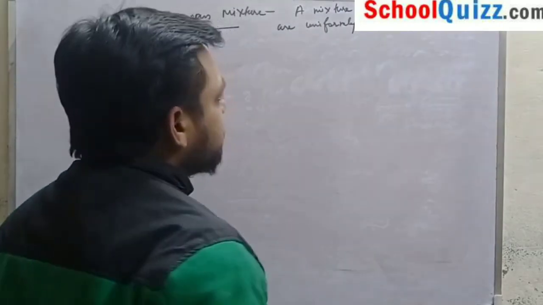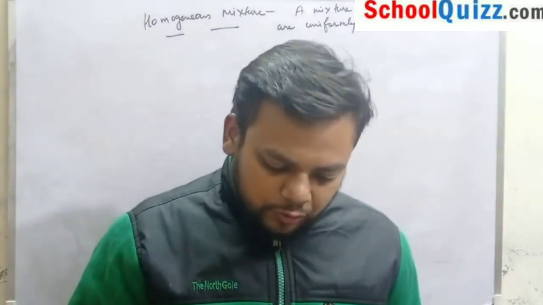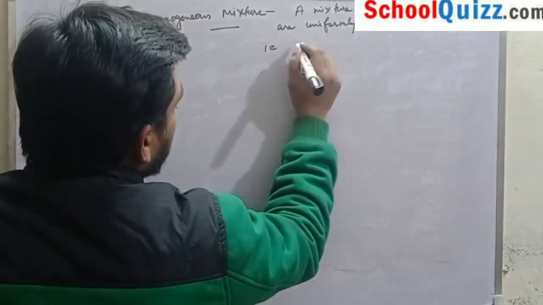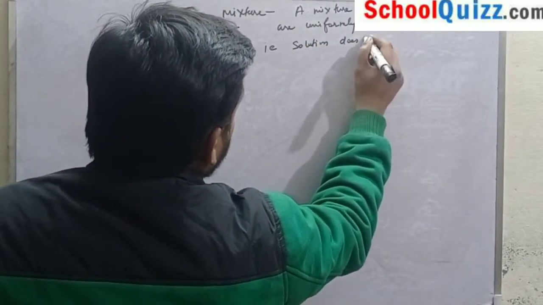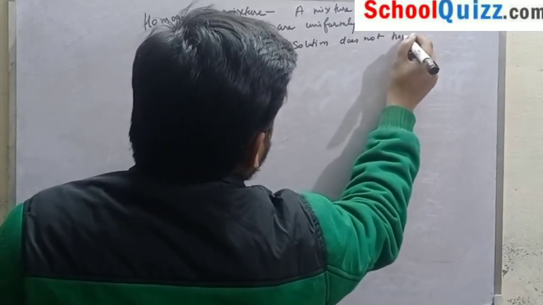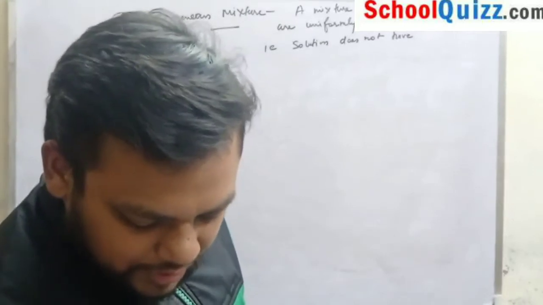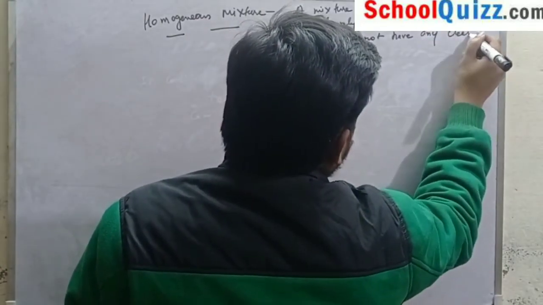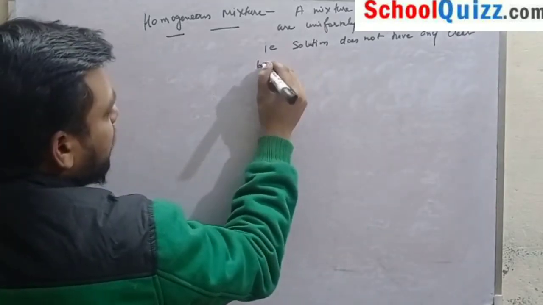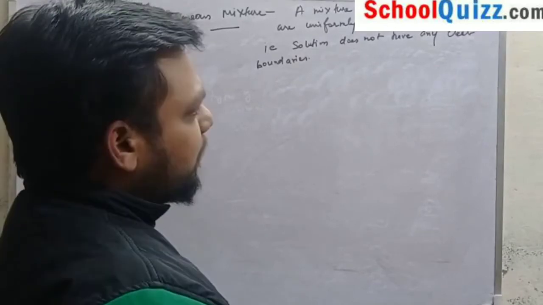That is, their composition is uniform. That is a solution. A solution does not have any clear boundaries. That is our homogeneous mixture.